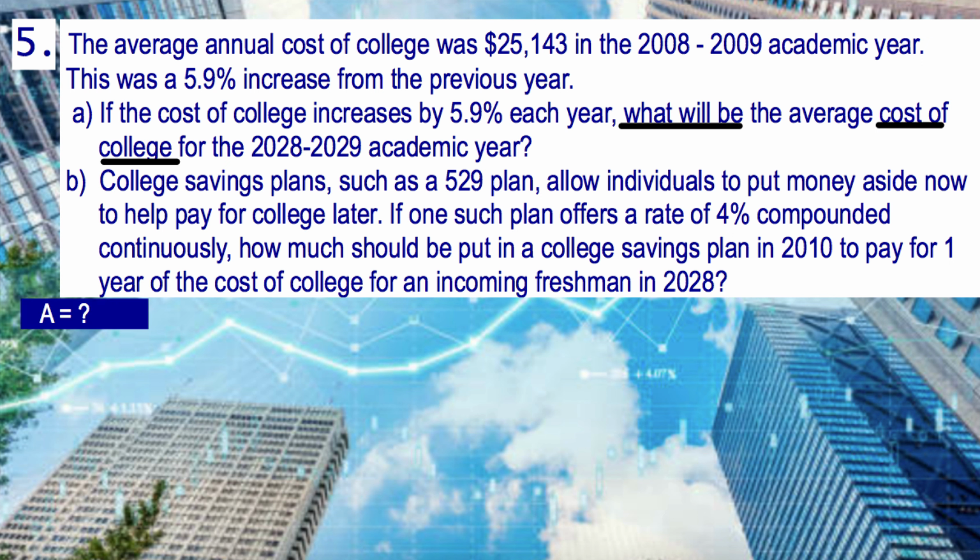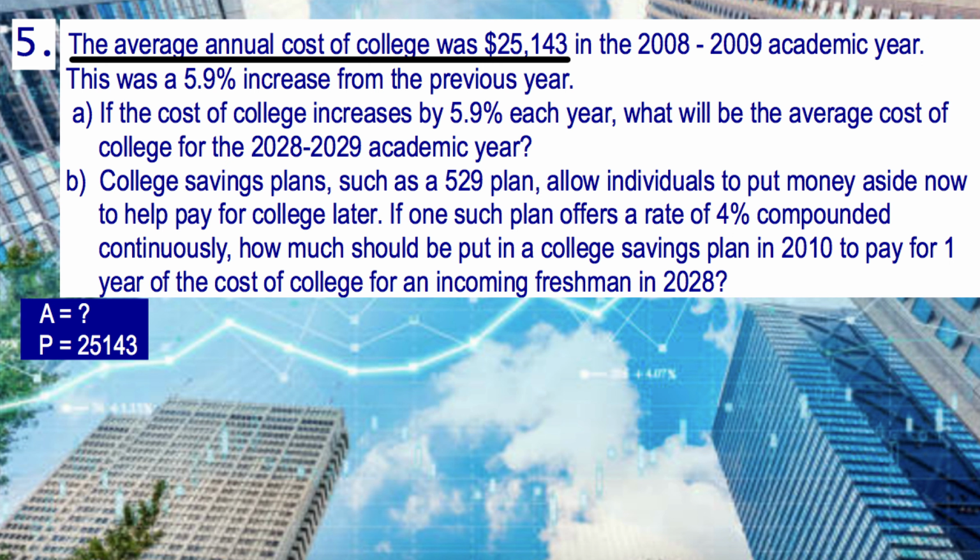The question is asking us what the average cost will be in the future. Thus, our amount is unknown. The principal is $25,143 because that was the average annual cost of college at the beginning of this question.